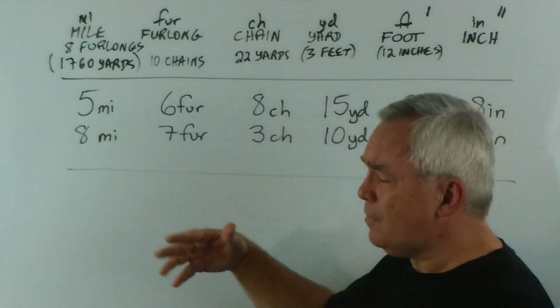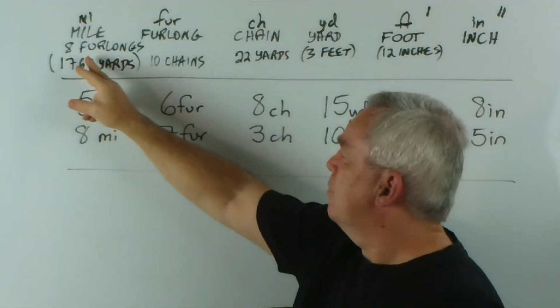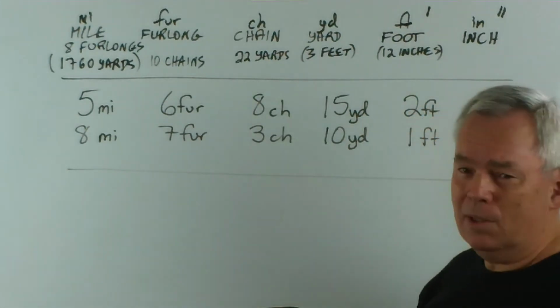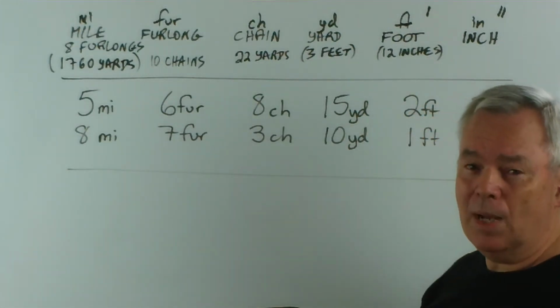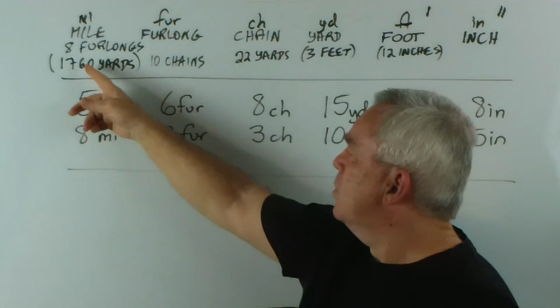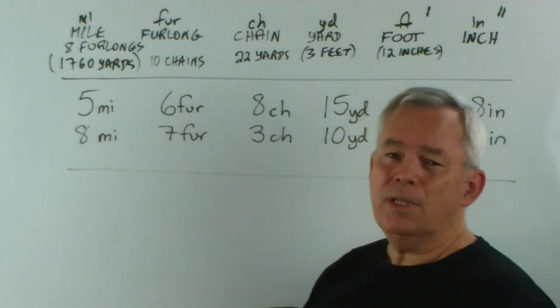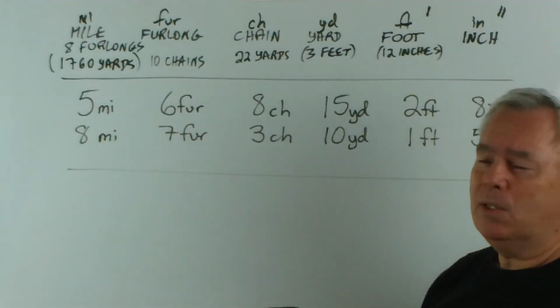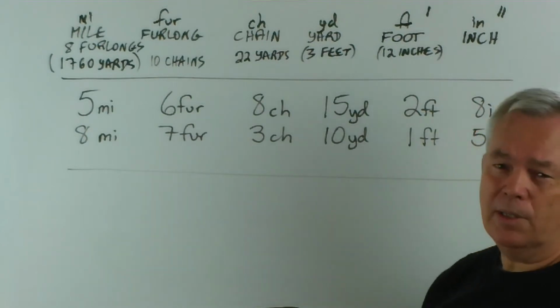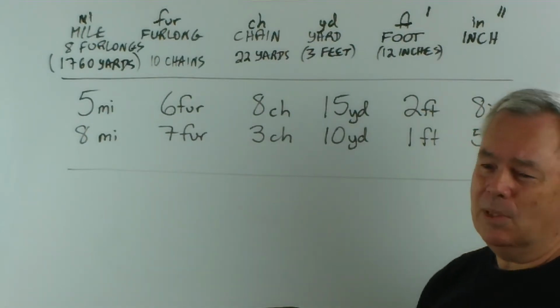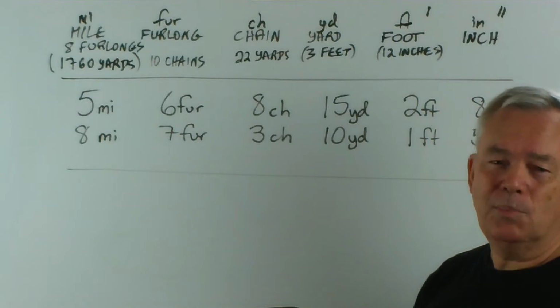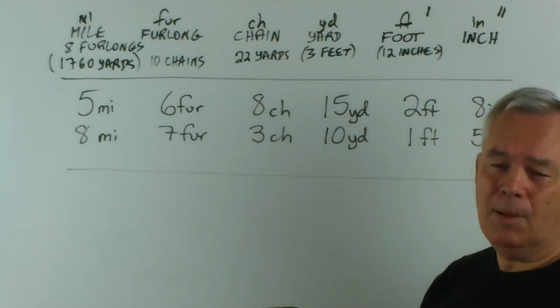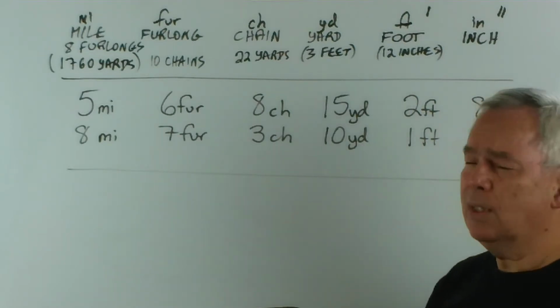The second thing I forgot to mention earlier is that there's another longer measure for people who are marching or walking, and that was a term called the league, which was used in medieval times for 3 miles. And that was estimated to be the distance that a person could walk in an hour, about 3 miles an hour.